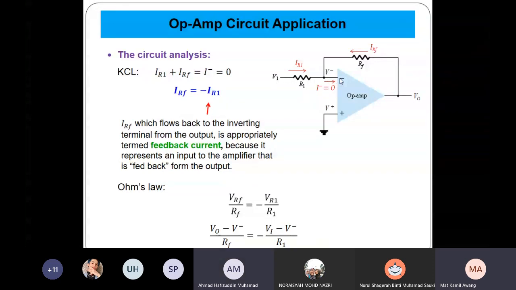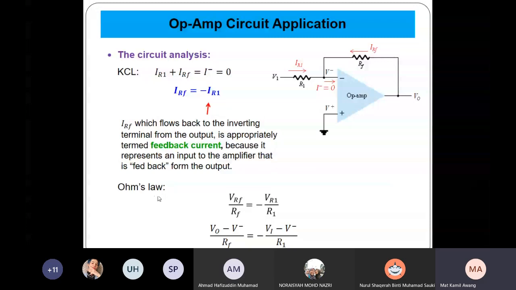Right? Clear? So IRF, which flows back to the inverting terminal from the output, is appropriately termed as feedback current. So this IRF is basically a feedback current because it represents an input to the amplifier that is fed back from the output.